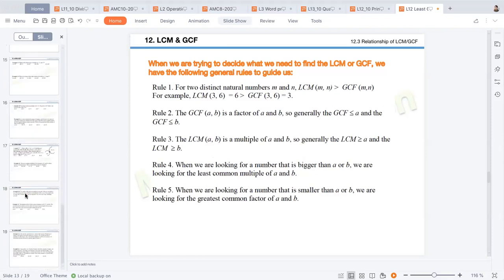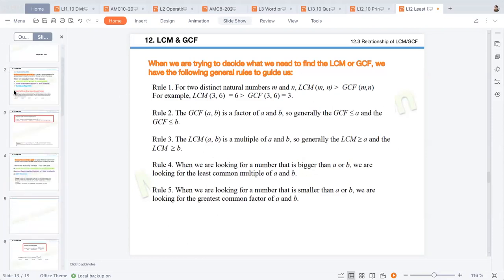Usually the least common multiple is greater than the greatest common factor. Sometimes they are the same. In what situation are they the same? When the numbers are the same. If the numbers are the same, the LCM should equal the GCF. Only in this situation.